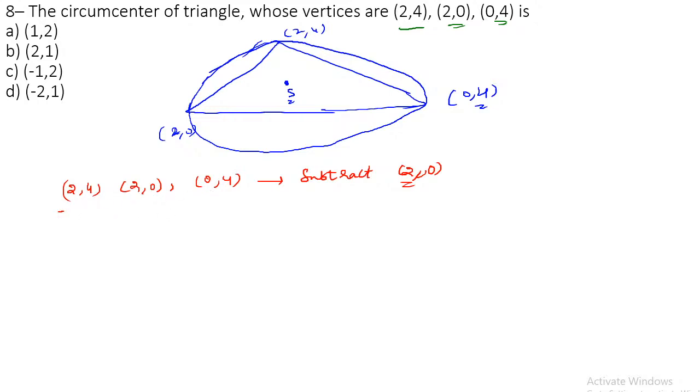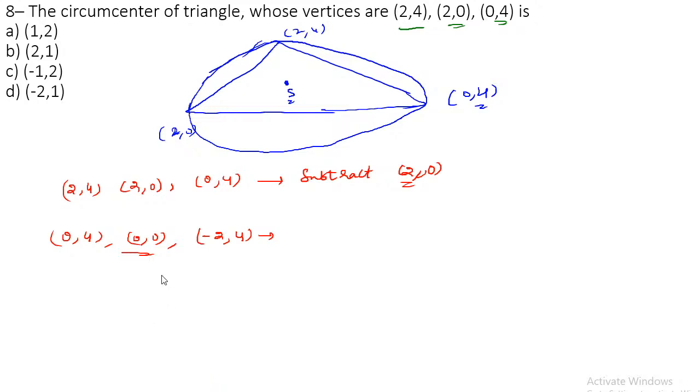So 2, 4 minus 2, 0 is equal to 0 comma 4, and here subtract 2 comma 0, so this is equal to 0 comma 0, and now minus 2 comma 4. So these are the new vertices. So we got one of the vertices as 0 0, which is origin.